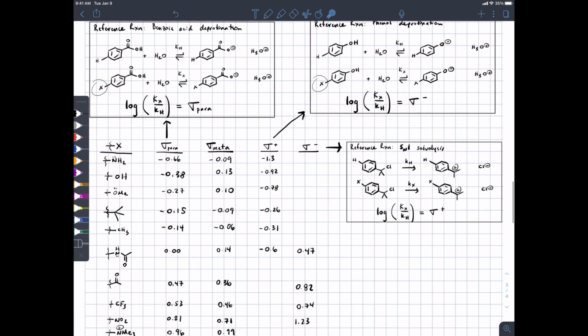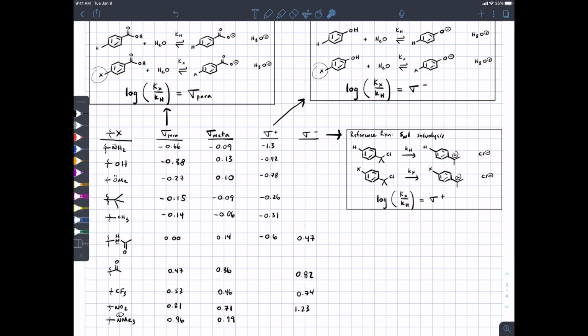And similarly, you can see that when you look exclusively at resonance instead of an inductive effect, the ketone is a really good resonance electron withdrawing group. And nitro is an even better electron withdrawing group, right? Here you're seeing a mix and match of resonance and inductive effects.